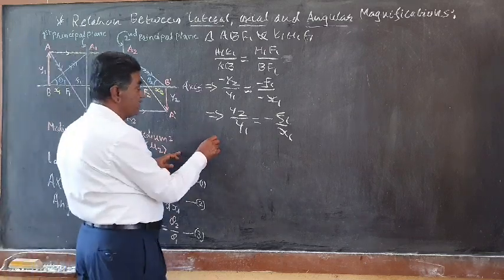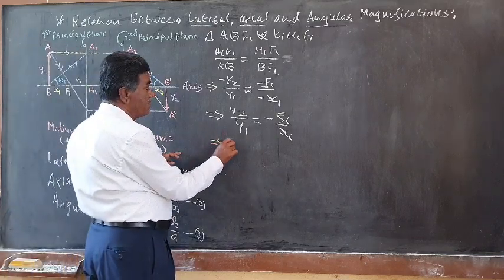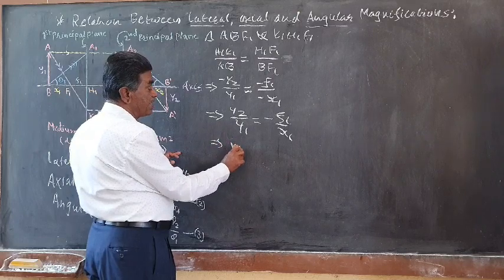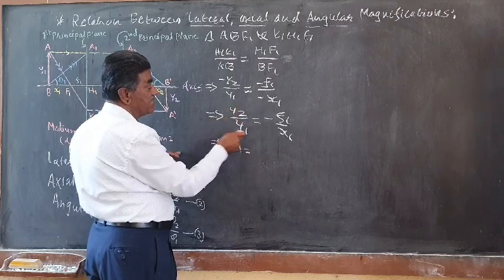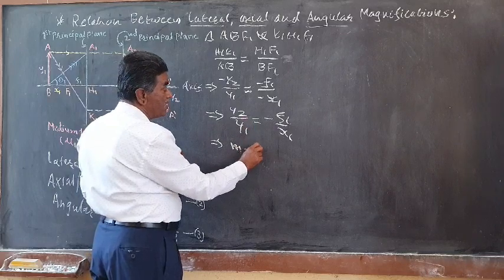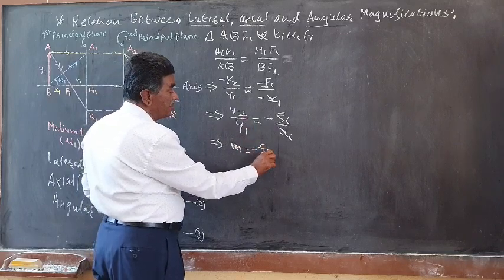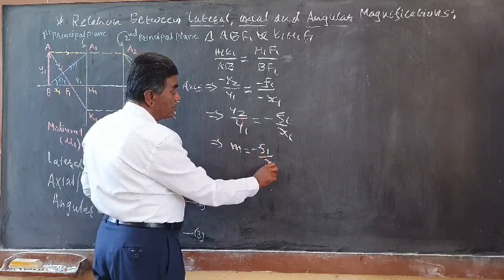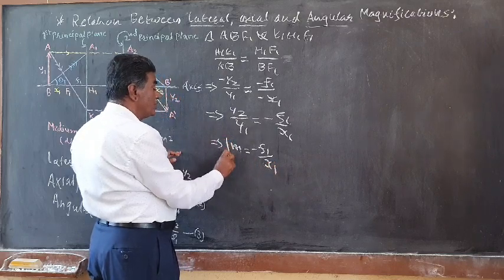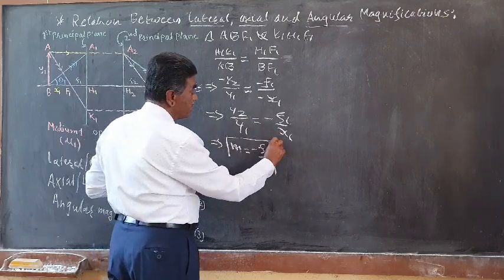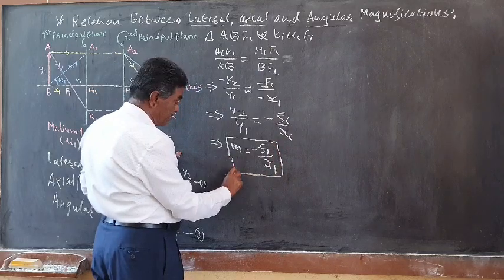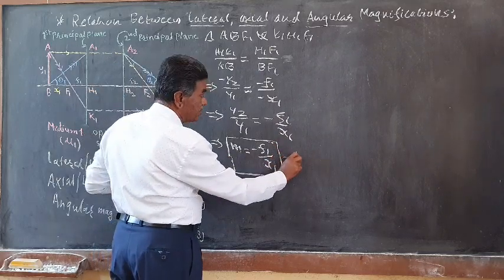By definition it is m, and this will be equal to minus f1 divided by x1. So this gives rise to the lateral magnification. This is equation 4.